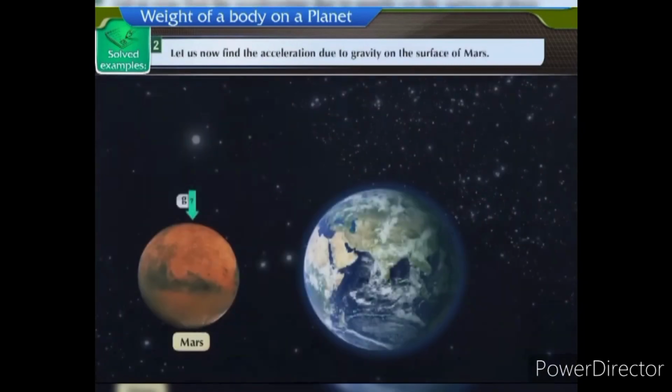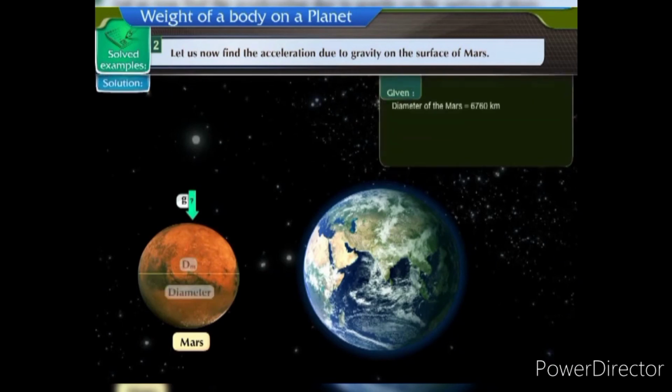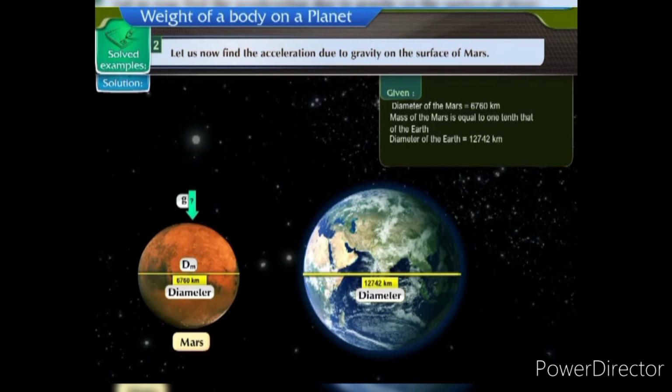2. Let us now find the acceleration due to gravity on the surface of Mars. We know the diameter of Mars is 6,760 kilometers. Mass of Mars is equal to 1/10 that of the Earth. The diameter of the Earth is 12,742 kilometers and acceleration due to gravity on Earth is 9.8 meter per second square.